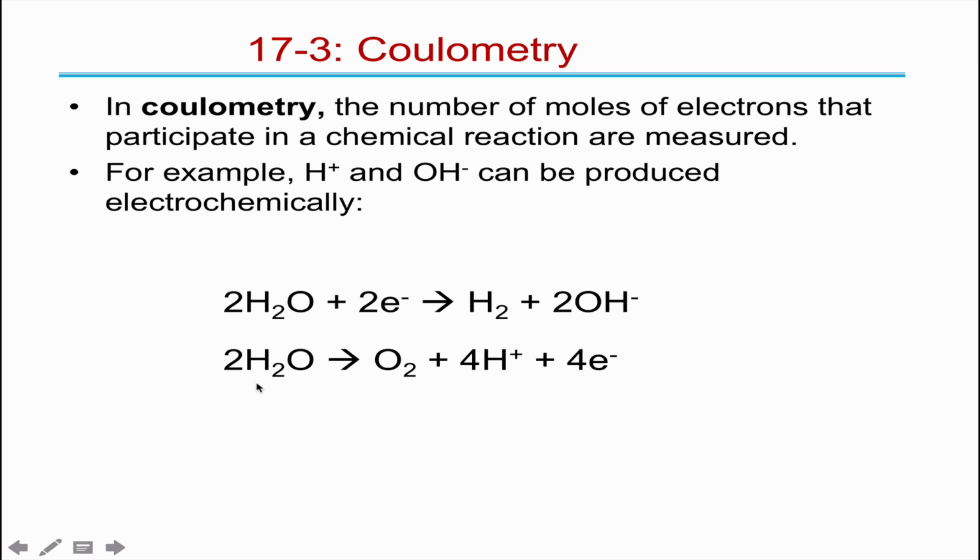Alternatively, at an anode, if we were now to oxidize water, we would produce oxygen, protons, and electrons. And in that case, we could produce hydrogen ions, so we could titrate a base. So these are electrochemical methods that allow us to produce acids or bases.